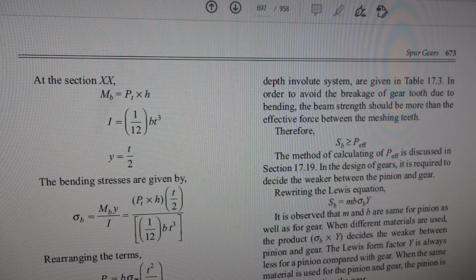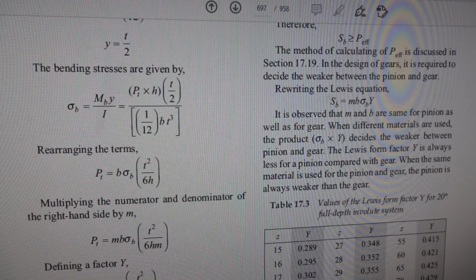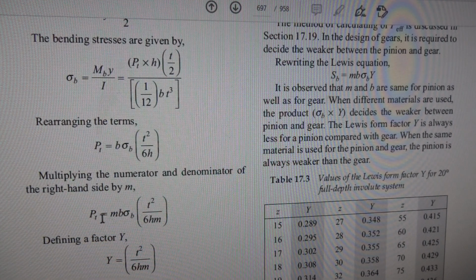So when we multiply m in numerator and denominator, you will get PT is equal to m b sigma b, where m is the module, b is the face width, and sigma b is the bending stress, and this one is t square divided by 6hm.